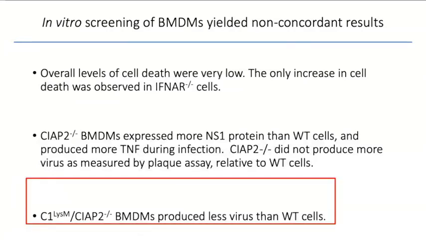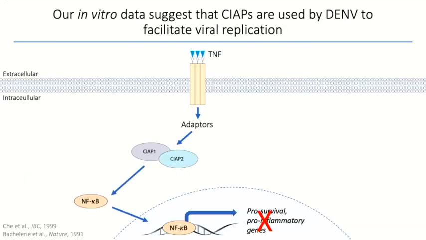I was particularly struck by the diminished virus production from double knockout BMDMs that were deficient in both IAPs, CIP1 and CIP2, as this could suggest a role for NF-kappa B signaling in assisting dengue virus replication. As one of the most important signaling pathways in mammalian cells, the NF-kappa B pathway is often manipulated and exploited by viruses.